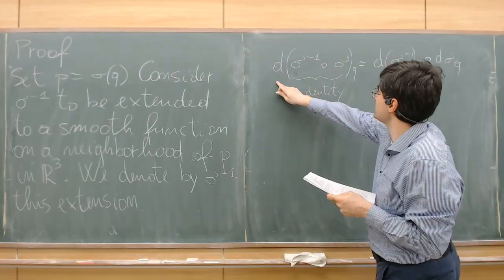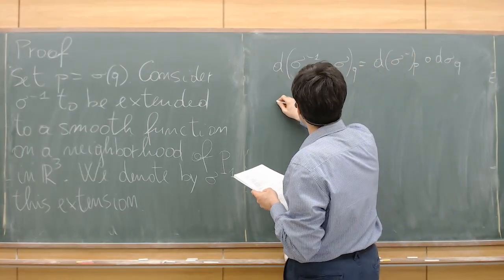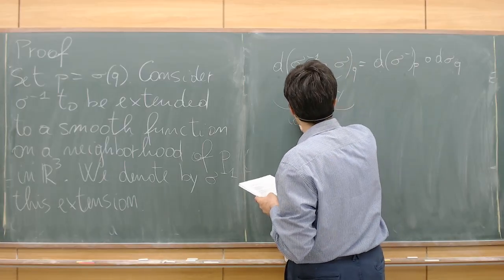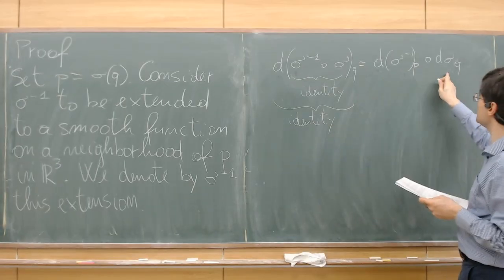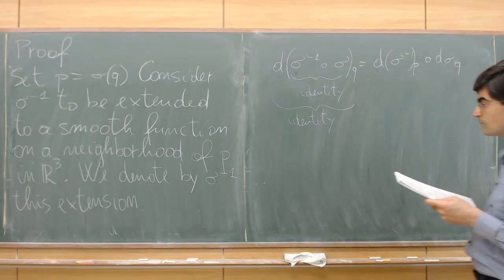So this derivative here is also the identity. So this composition here must be the identity.